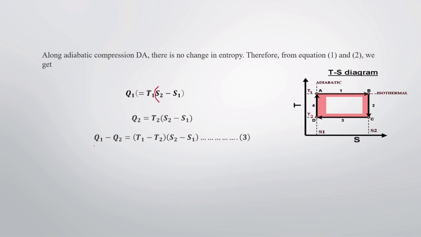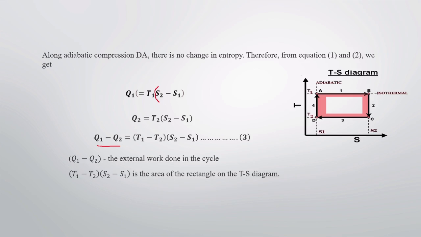Now what does this quantity Q1 minus Q2 represent? You know that the quantity Q1 minus Q2 gives us the external work done in the cycle. And on the right hand side, we have the terms T1 minus T2 and S2 minus S1.